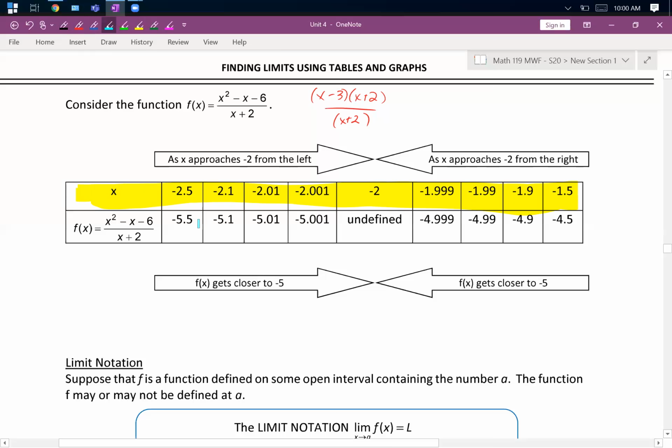As x approaches -2 from the left, we see that our Y values are getting closer and closer to -5. And similarly, as the x values approach -2 from the right, the Y values again are getting closer and closer to -5.